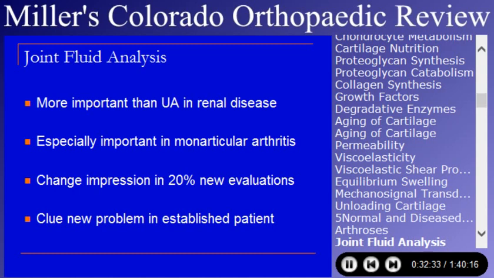Someone has said that they think that analyzing joint fluid is more important in joints than a urinalysis is in evaluating renal disease. It's especially important in monoarticular arthritis, and in particular, you're looking to be sure that you don't miss an infection. It's said that in a rheumatology practice, evaluation of the joint fluid may change the clinical impression in as many as 20% of patients, and it may give a clue as to a new problem in an established patient.